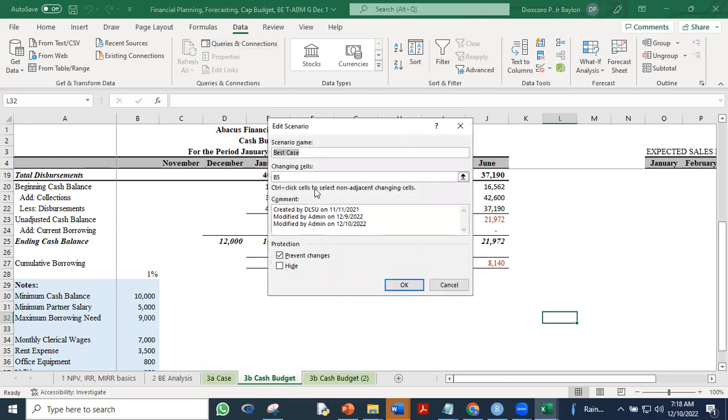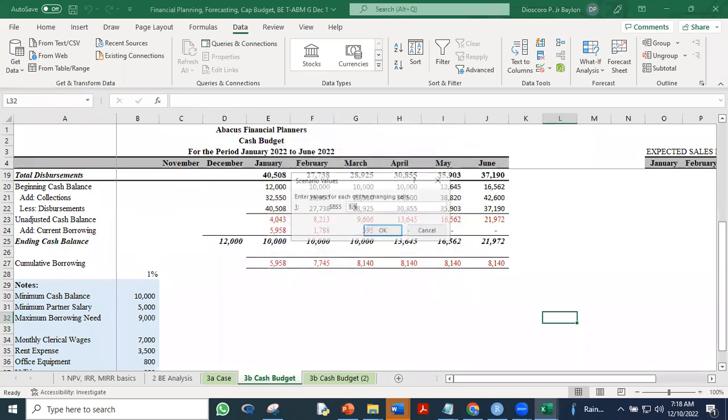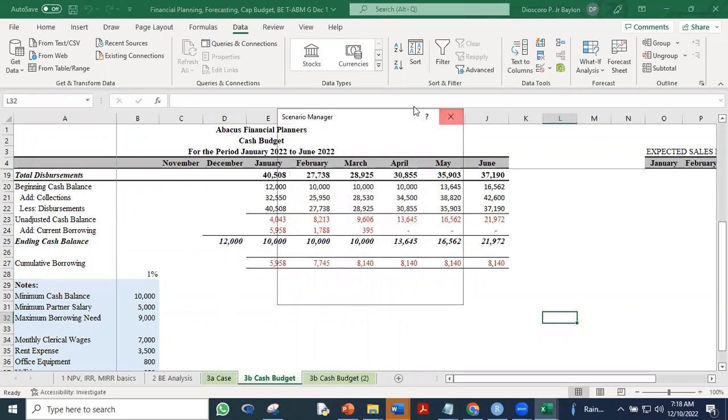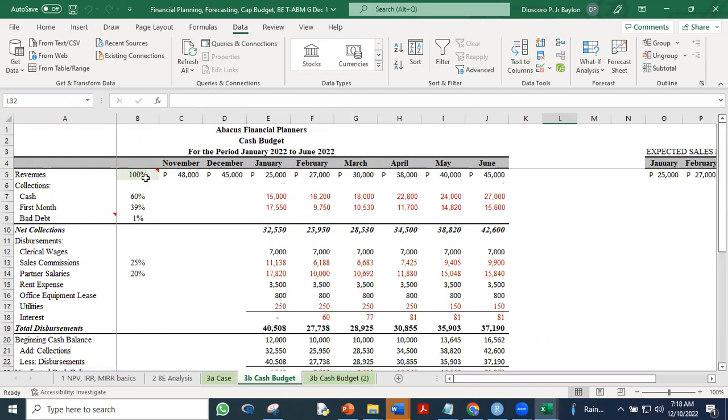I gave this a name, best case, and the changing cell is B5. This is where we're going to ask Excel to change the scenario. Let me write it right here.